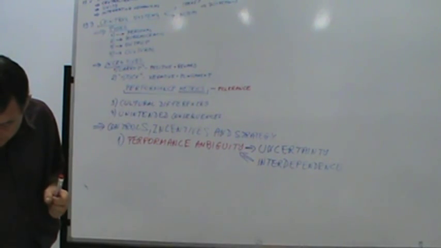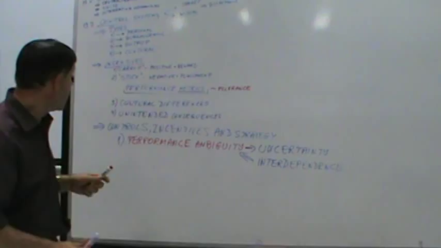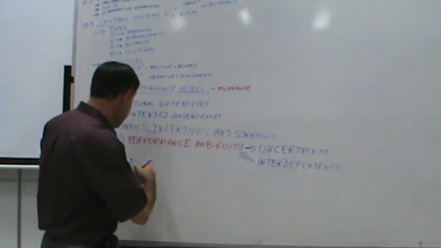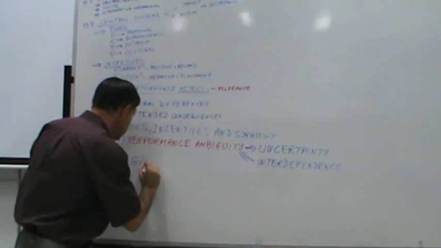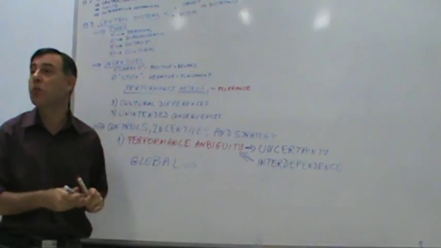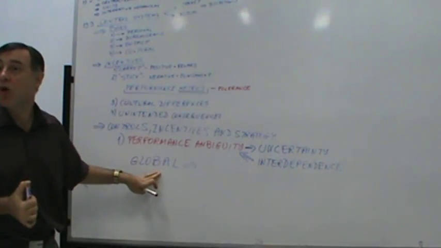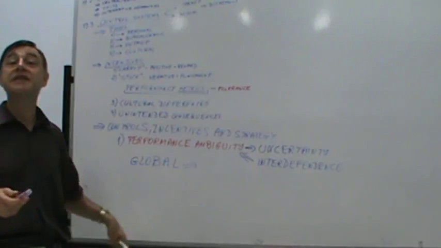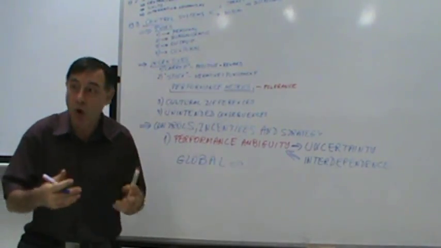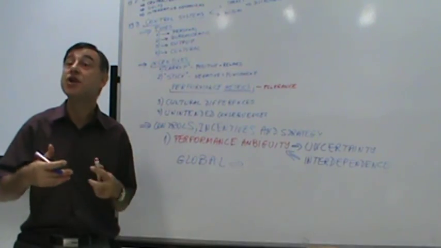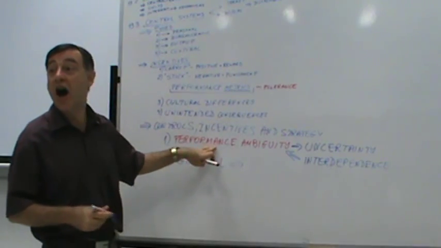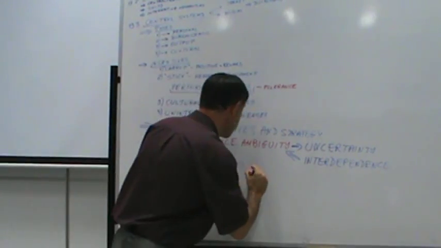Okay, now let me see. So, what does all this mean? It means that in global companies, the more global you are, and as I was explaining in the previous lectures, the more complex your business strategy is, the higher the performance ambiguity.